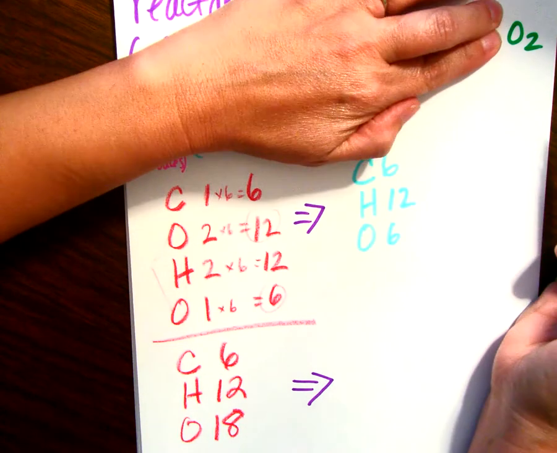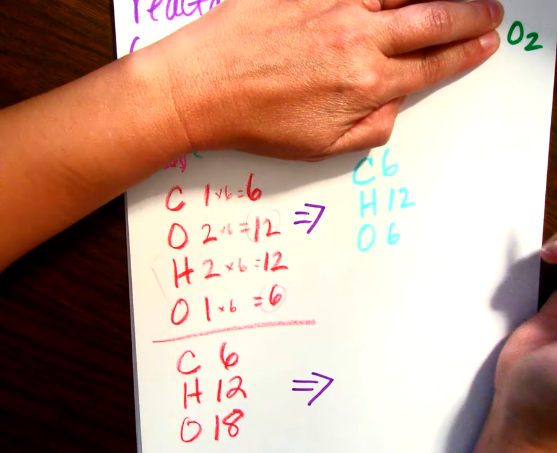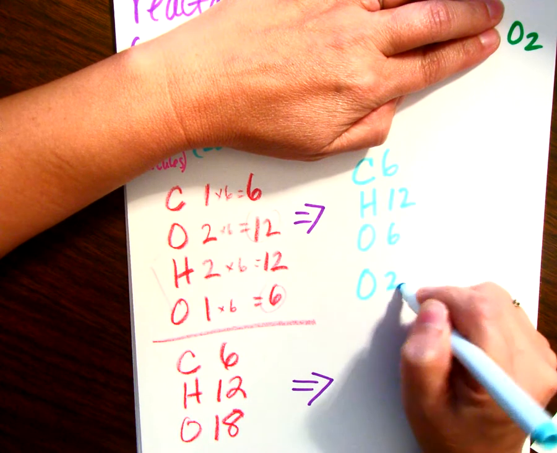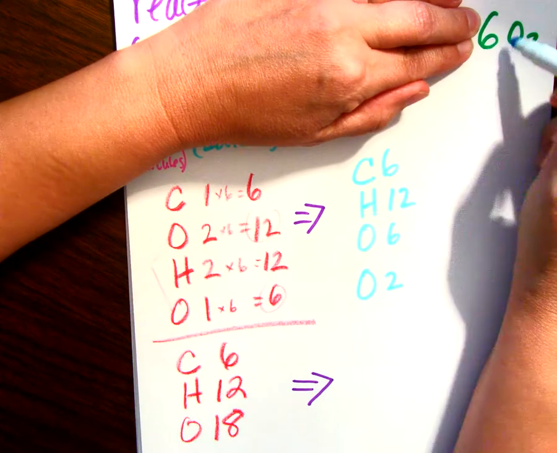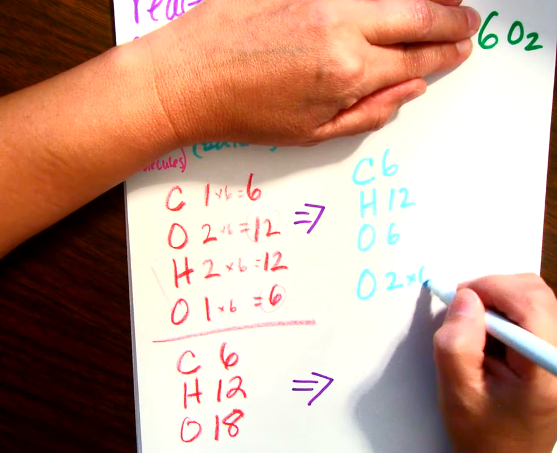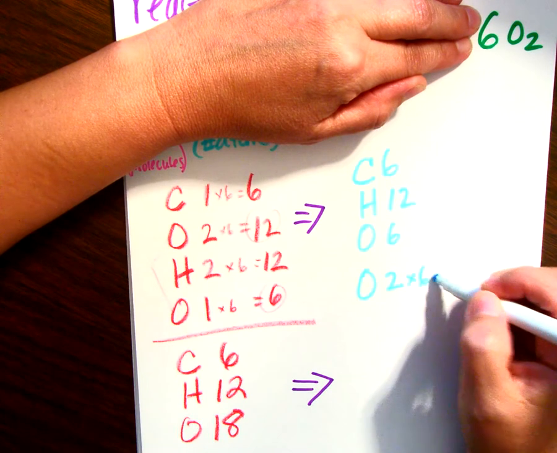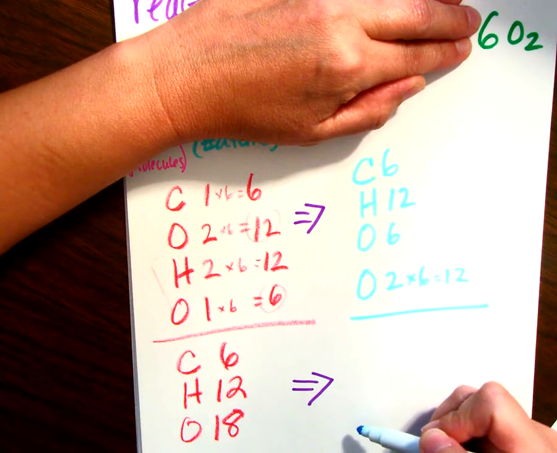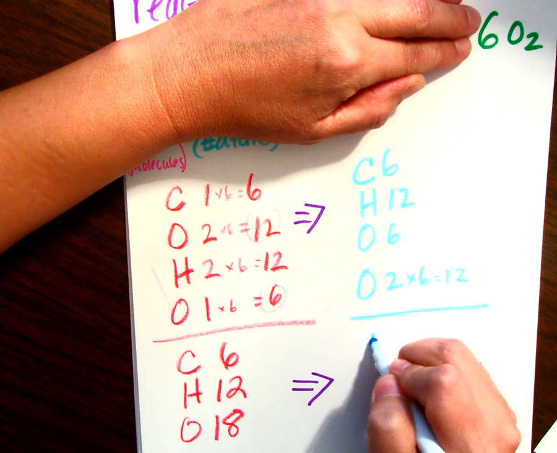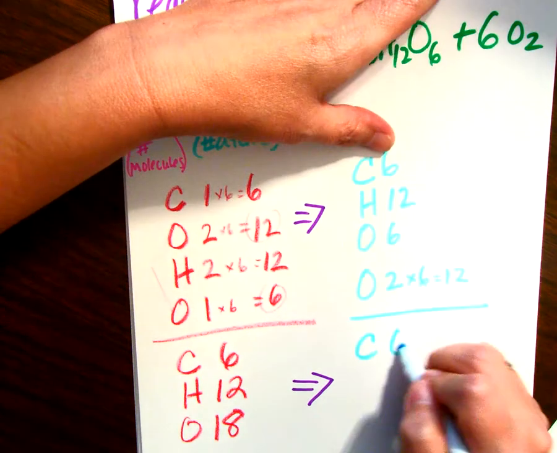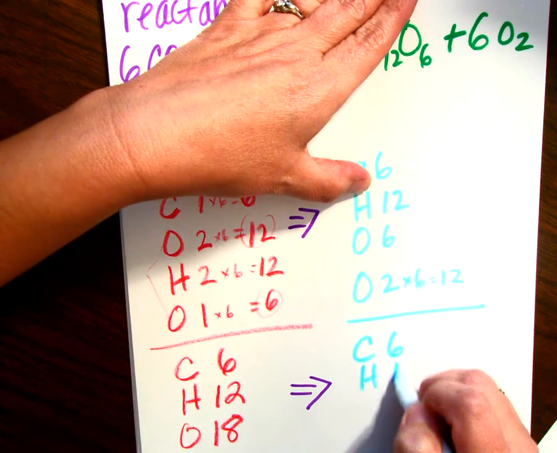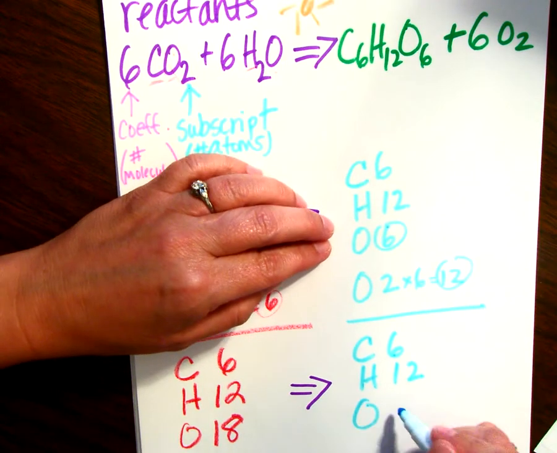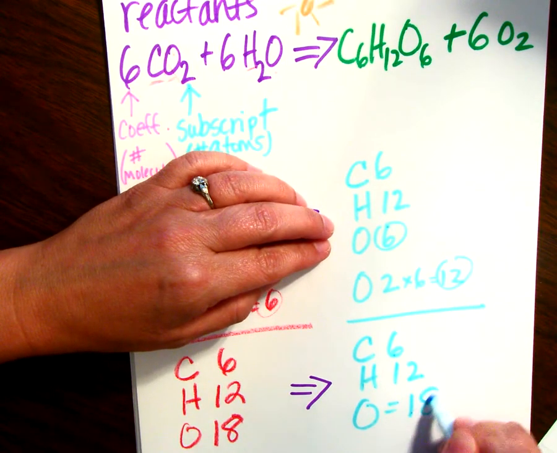Let's not worry about the coefficient just yet. Okay, we have 2 oxygen. There's 6 molecules, so times 6, that's 12. Okay, so let's simplify this just like we did down here. Okay, we have 6 carbon, 12 hydrogen, and then let's add these 2 together for oxygen. We have 18.